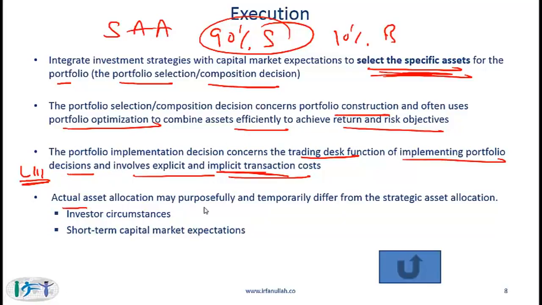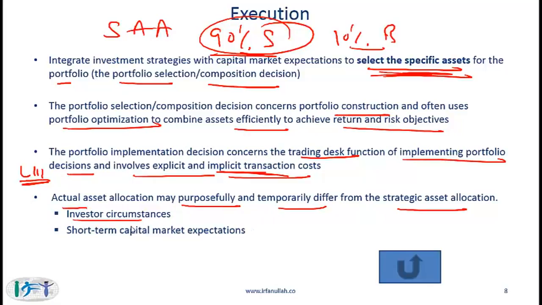Actual asset allocation may purposefully and temporarily differ from strategic asset allocation. Now, I've already alluded to this earlier, but broadly speaking, there are two reasons why you might temporarily have an allocation that is different from the strategic asset allocation.